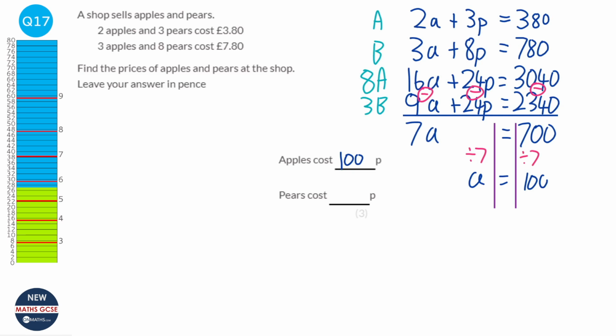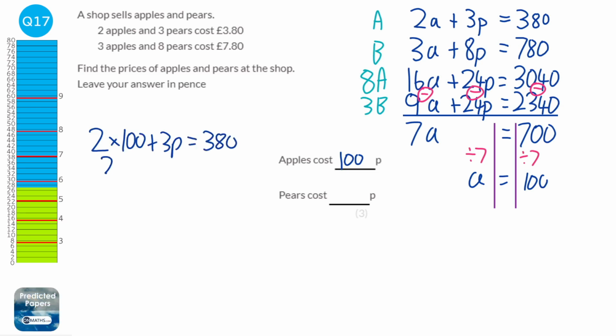But instead of a, we know that a is £1 or 100 pence. So 200 plus 3p is 380. Then again, I'm going to draw my lines down, and we're going to subtract 200 from both sides.